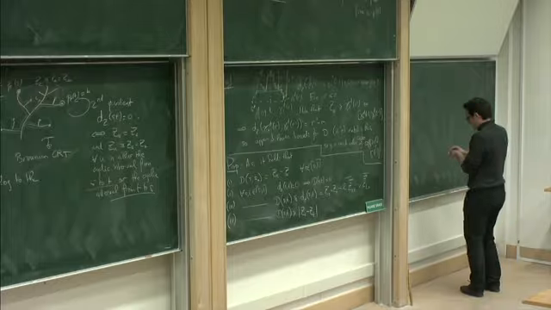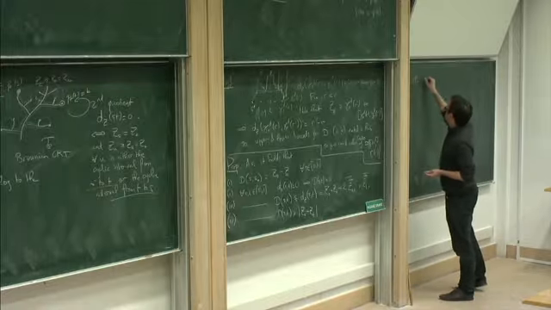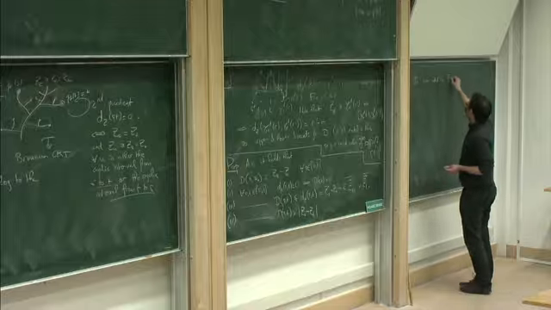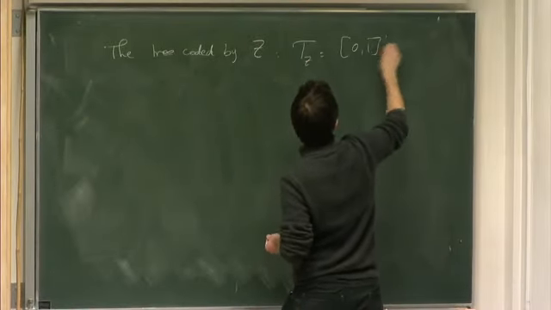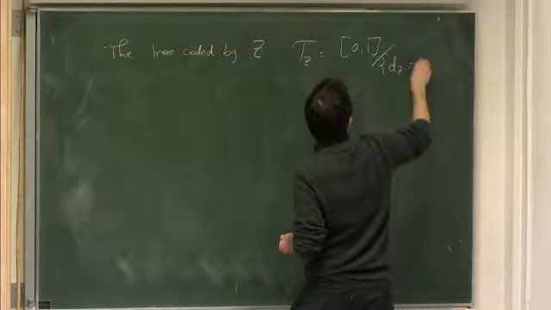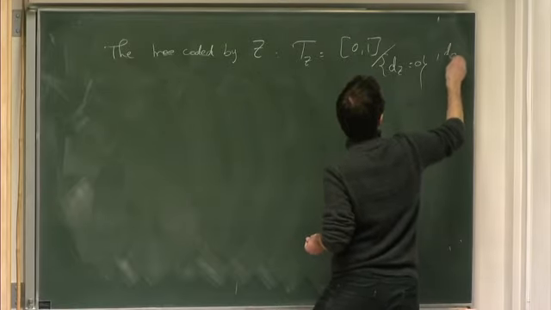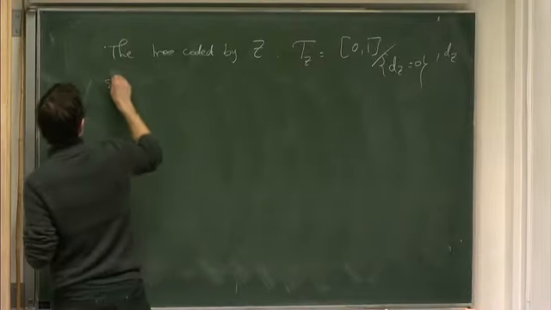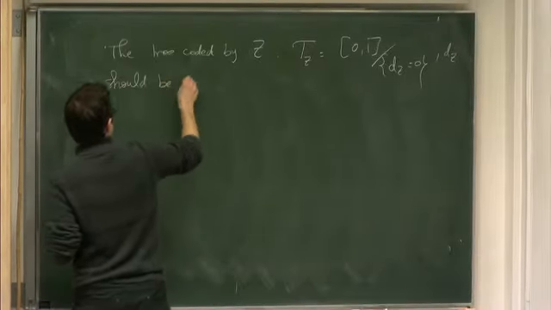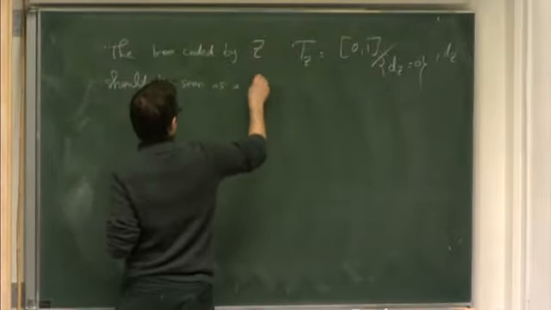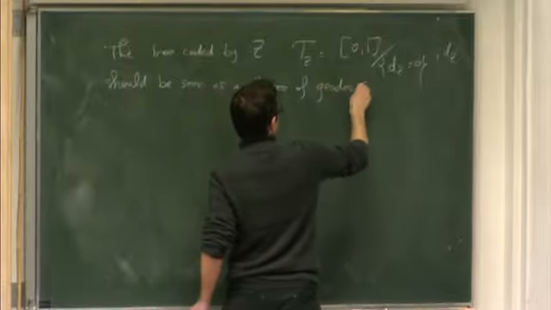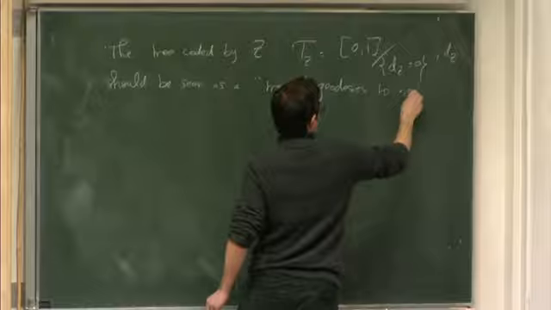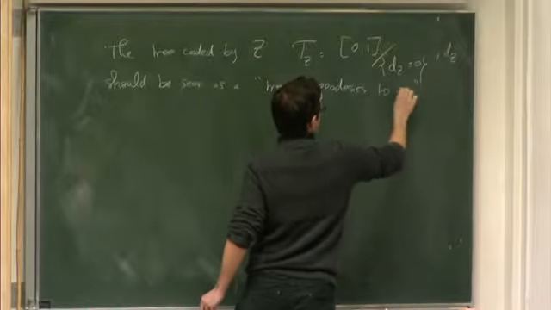The tree coded by Z, let's call it T_Z, which is the quotient of [0,1] by points identified by the D_Z distance here, should be seen as a tree of geodesics to V star, or actually to X star.